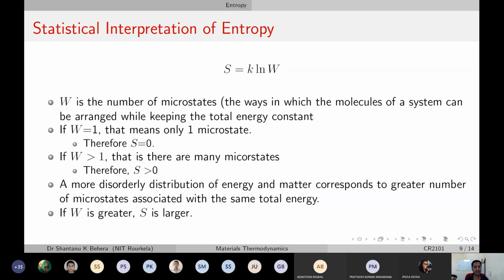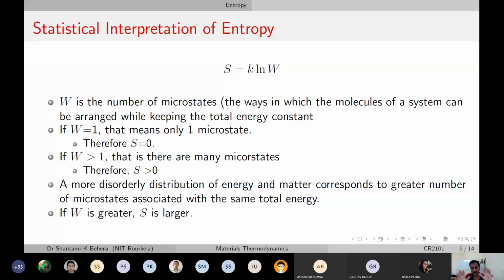So this is a very profound statement: a more disorderly distribution of energy and matter corresponds to a greater number of microstates associated with the same total energy. Now we are considering that the total energy remains the same, but if you have a more disorderly distribution of energy, that corresponds to a greater number of microstates. And if there are a greater number of microstates, correspondingly entropy is going to be much larger.